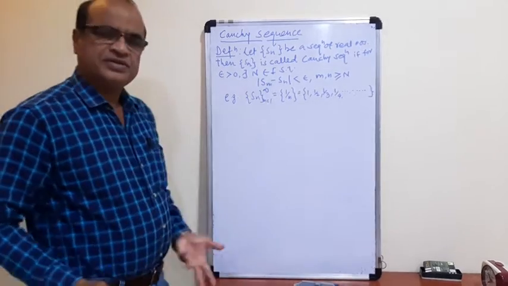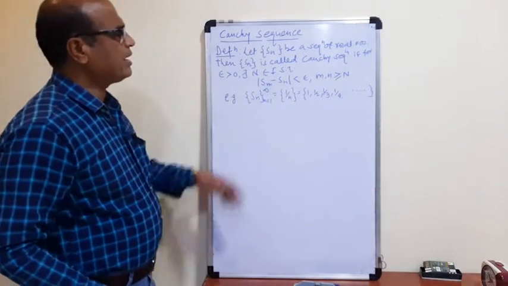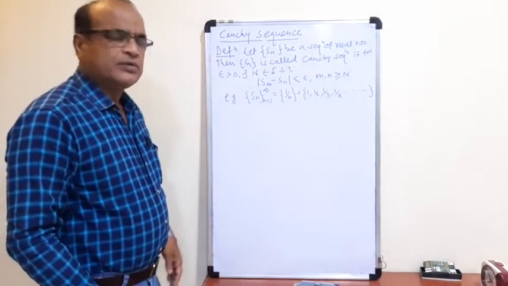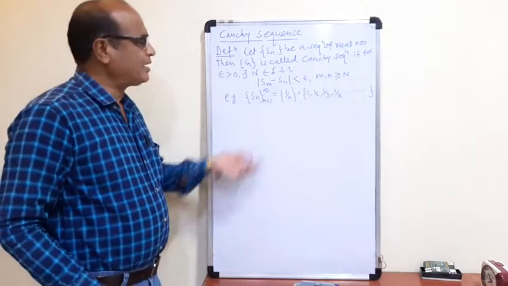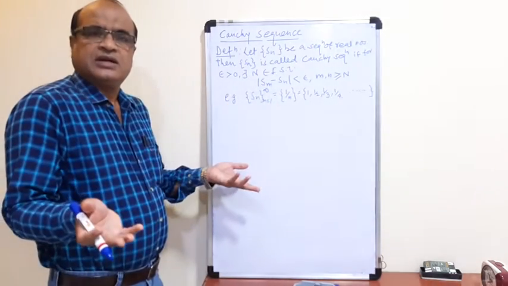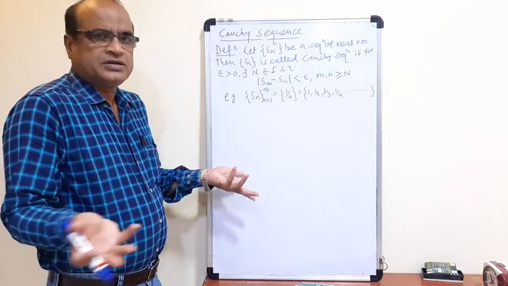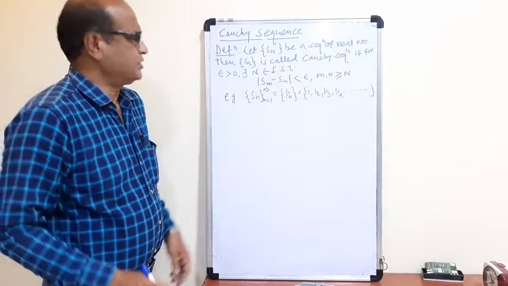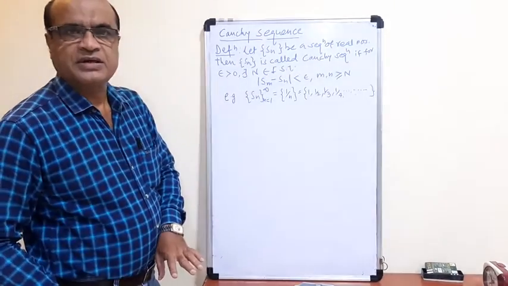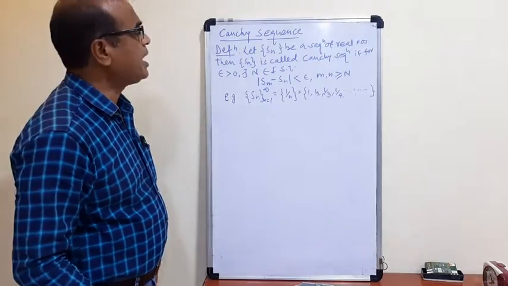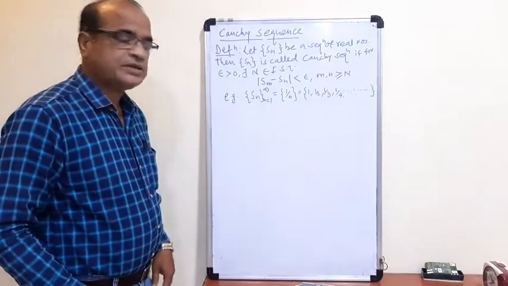Is it a Cauchy sequence? We already found the limit: the limit of 1 upon n as n tends to infinity is equal to 0 here. So the limit of this sequence is 0.